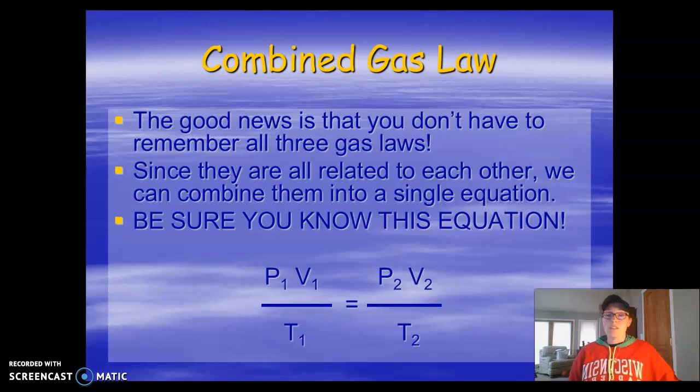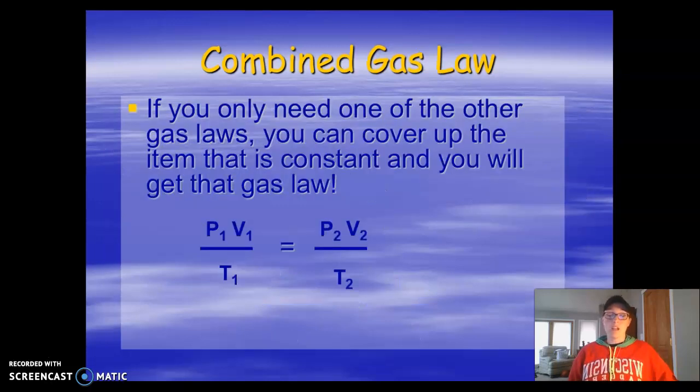You can actually look at this and see that you can get all three gas laws by covering up one of the variables. So if we get rid of temperature, which law is that? You were right, Boyle's law. If we take the combined gas law and get rid of pressure, which law is that? Charles' law.